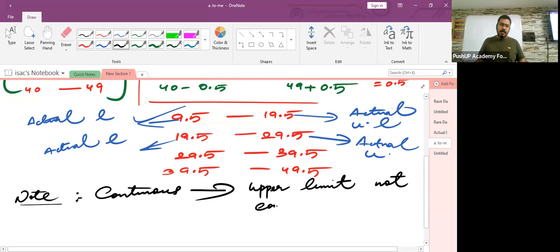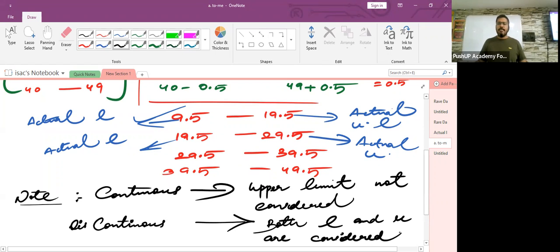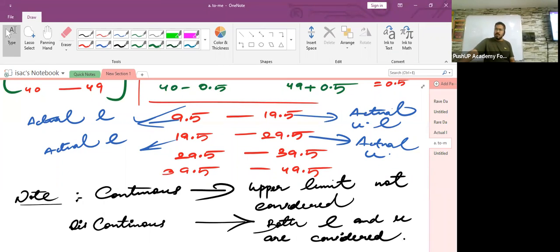And in discontinuous class interval, both lower and upper limit are considered. Okay. These notes will help you, children, for revisions. Now is it clear? Statistics is getting easy.